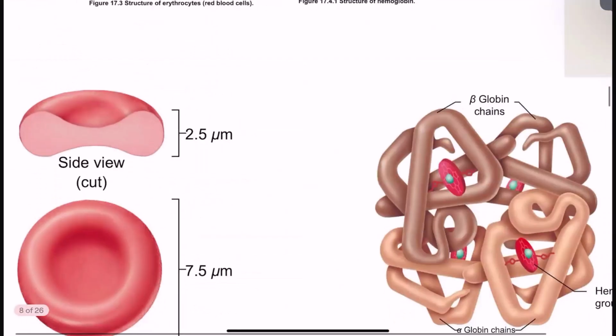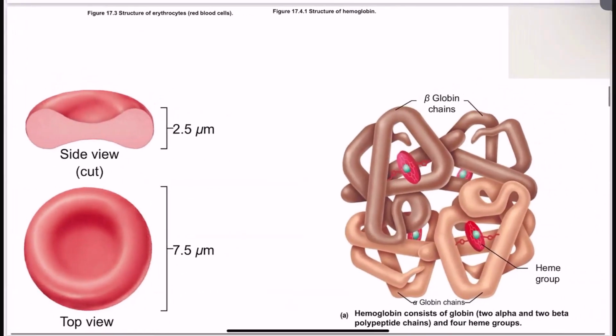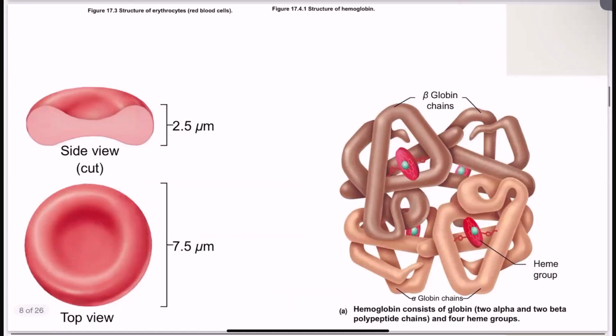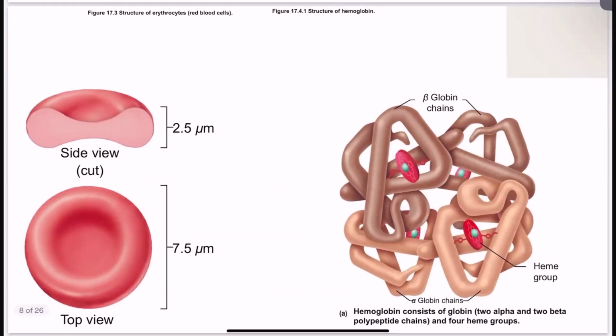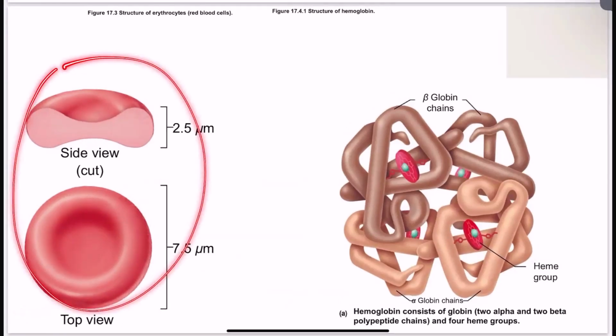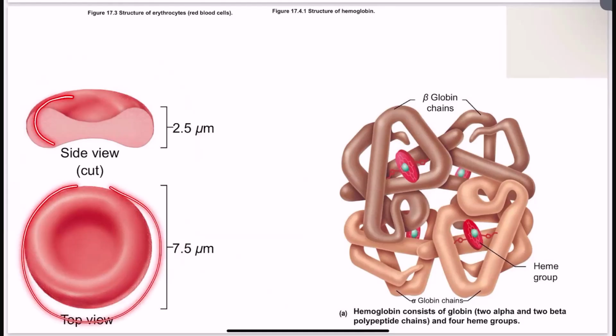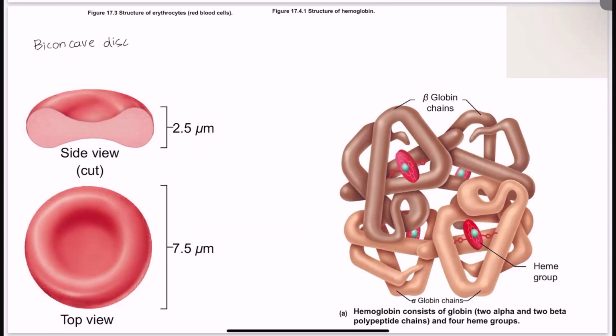All right, so more about red blood cells. So what we're looking at on the left-hand side here is a red blood cell, and then if we were to look at it from its side. Red blood cells or erythrocytes, their shape is called a biconcave disc, which basically means it looks like a jelly donut that you squeezed all the jelly out of.